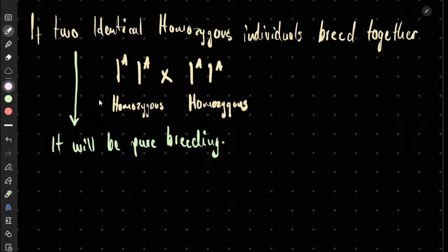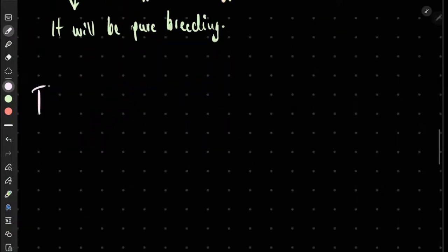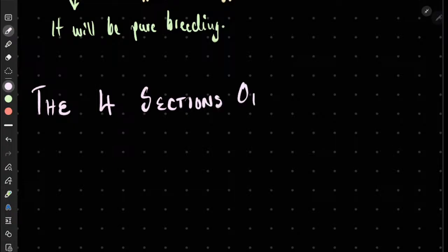I want to do the different parts of the Punnett squares with all of you to make sure you know all the different types of Punnett squares. I'm going to do with you 4 types of Punnett squares and the pedigree chart, then you'll be done. So let's say here the 4 sections of Punnett squares or genetic diagrams, so that you understand when we get a question in the exam.